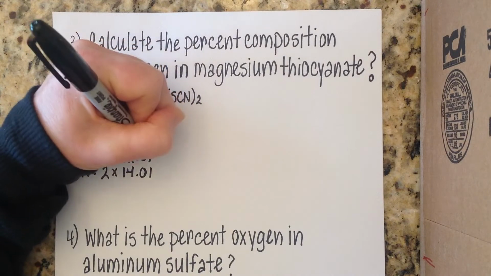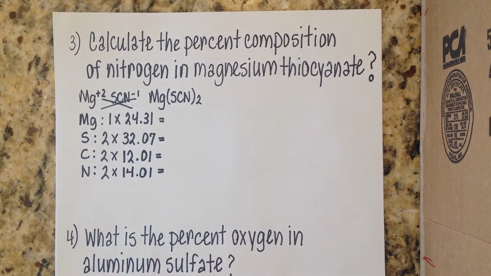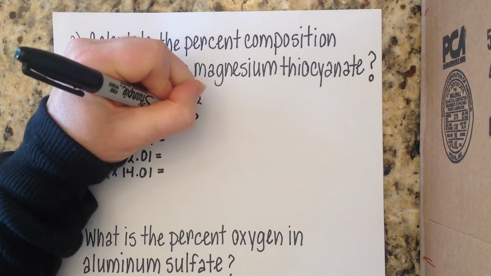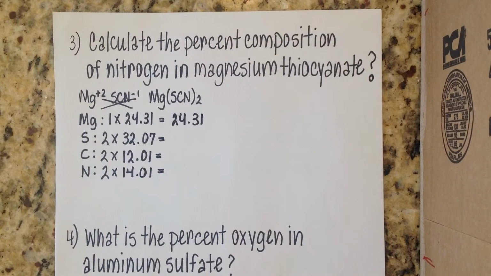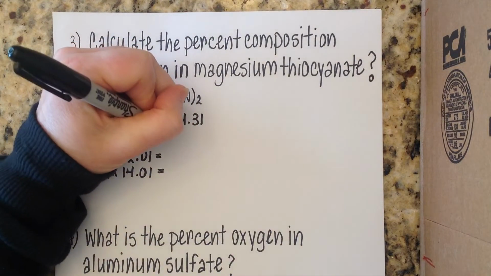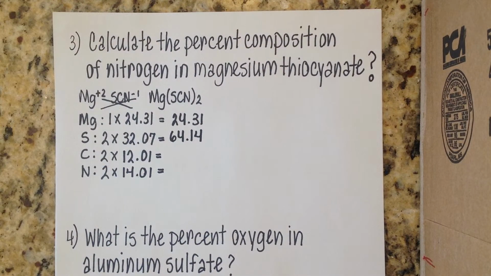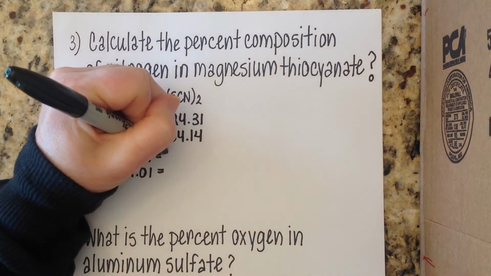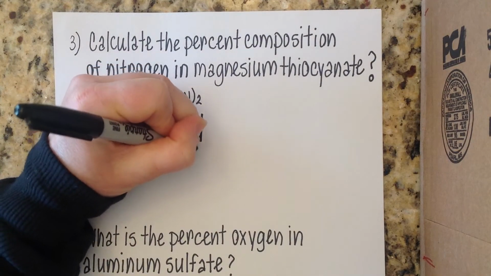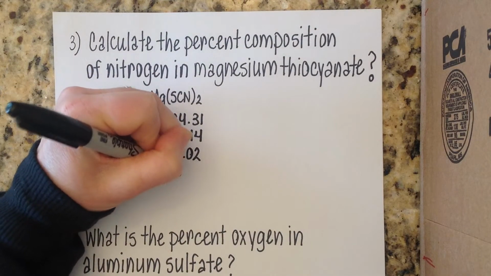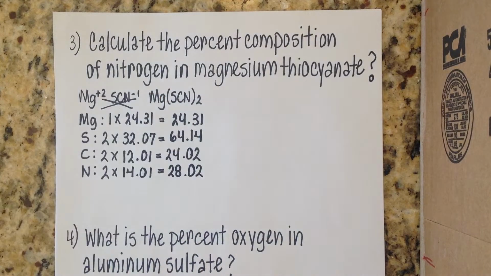So let's multiply everything out so we can get our total mass of each individual atom represented. So we're going to have 24.31 grams per mole for magnesium, 64.14 grams per mole for sulfur, 24.02 grams per mole of carbon, and 28.02 grams per mole for nitrogen.